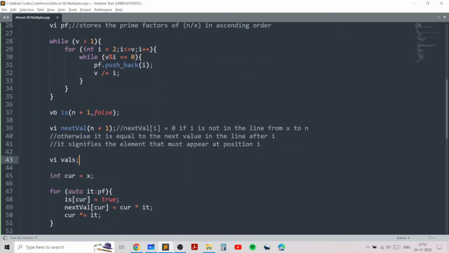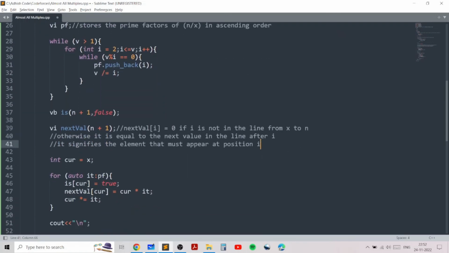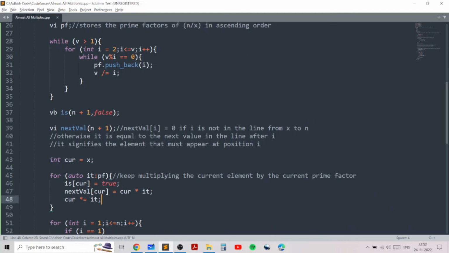We store all these elements in next val, and we basically iterate through all the prime factors and keep multiplying the current element by the current prime factor, and set the next value of the current element to be the next element in the list of prime factors.